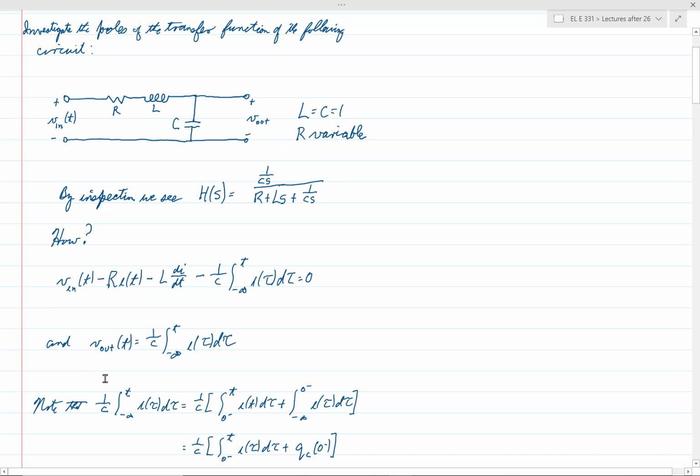Furthermore, V out(t) is the voltage across the capacitor, which is 1 over C times the integral from minus infinity to t of i(tau) d tau.